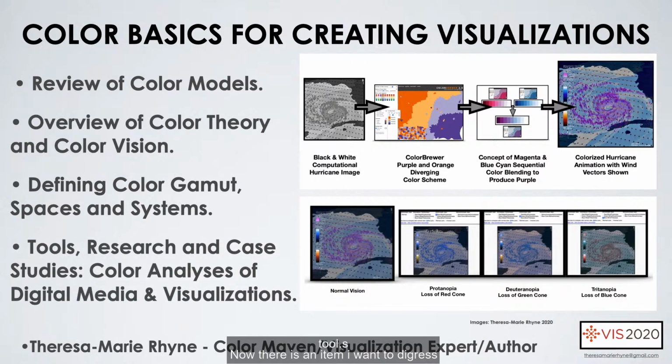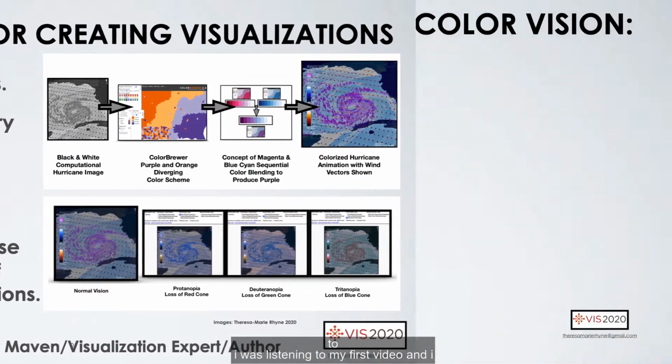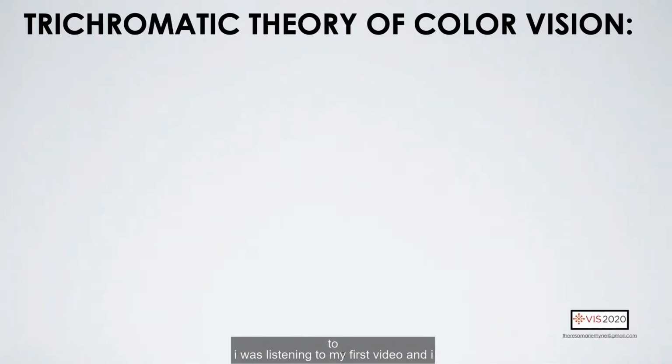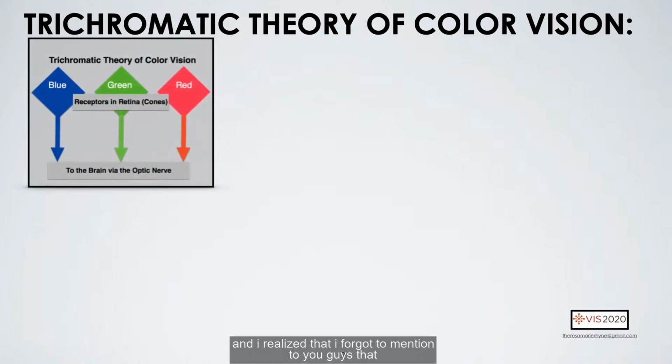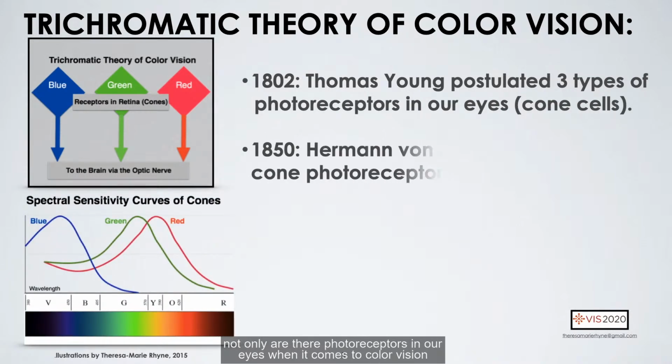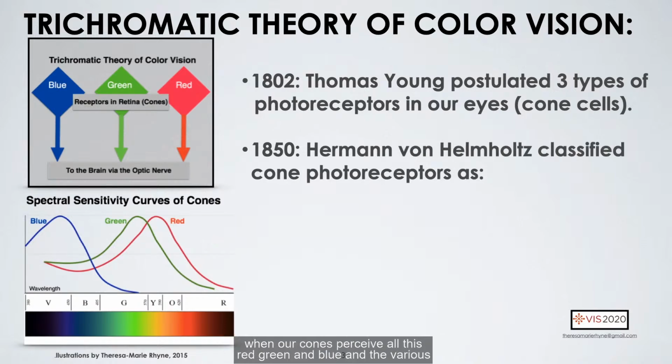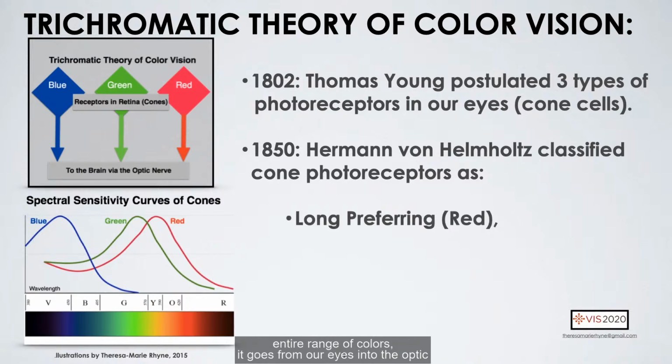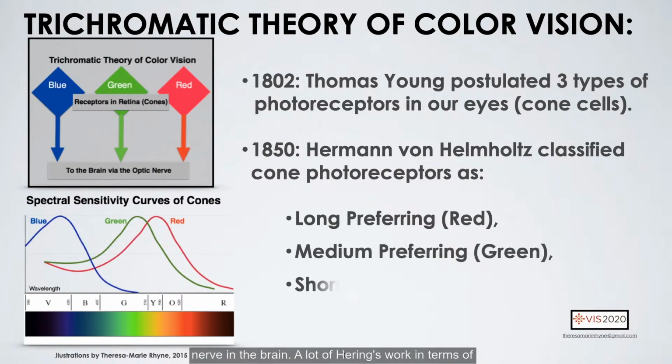Now there is an item I want to digress to. I was listening to my first video where I covered the Trichromatic Theory of color vision, and I realized that I forgot to mention that not only are there photoreceptors in our eyes, but when our cones perceive all this red, green, and blue and the entire range of colors, it goes from our eyes into the optic nerve.